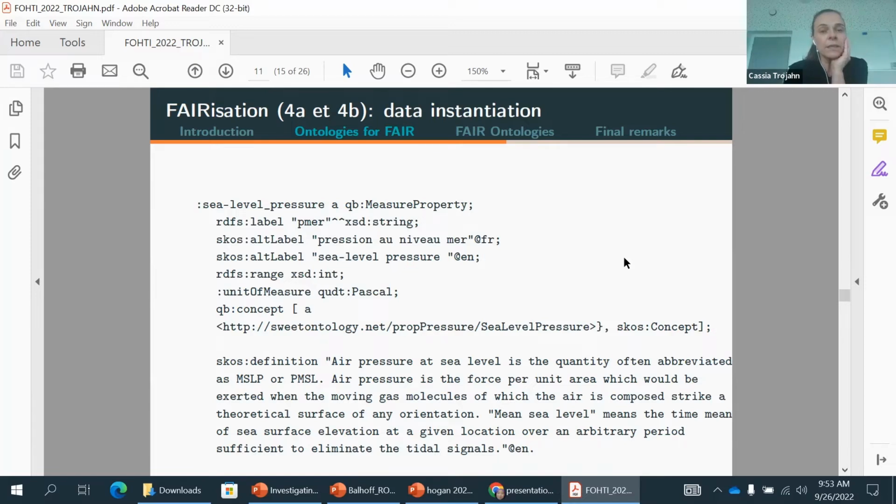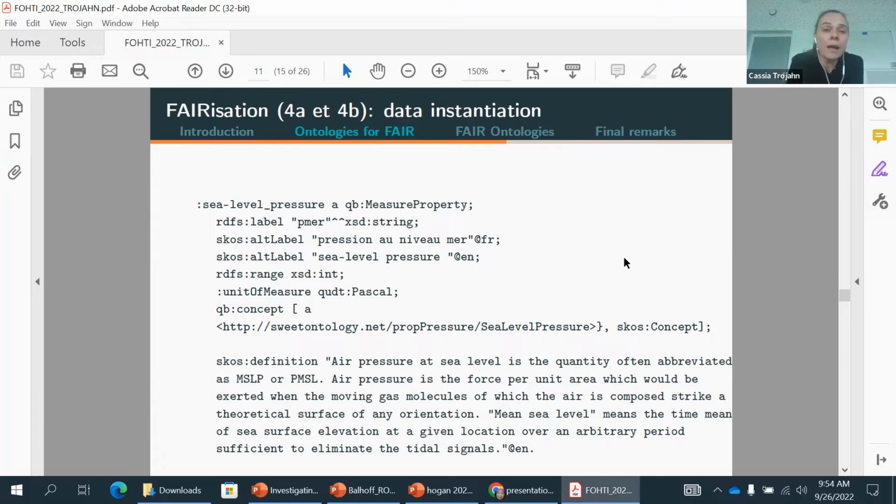Very important here is not only the definition that you have added, but you have also linked this concept to an existing SWEET ontology, and then the user can go further into this ontology in order to obtain richer information, and this for each concept of the domain, and this allows for better interoperability.